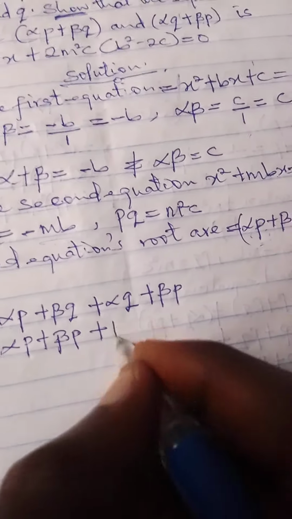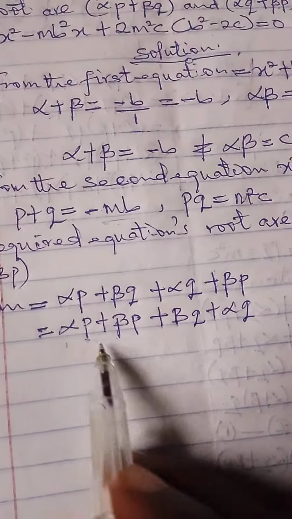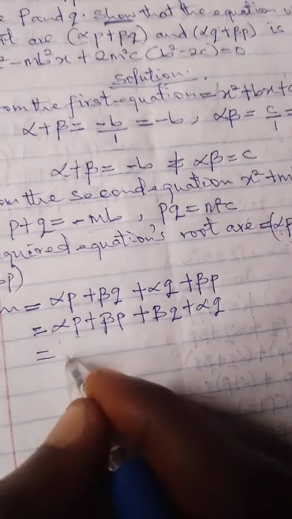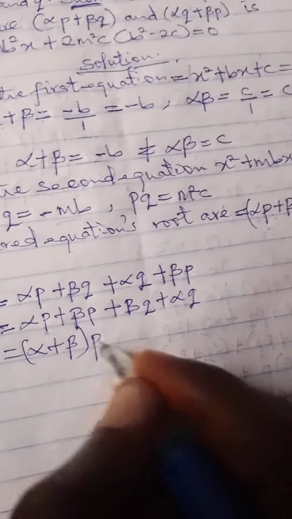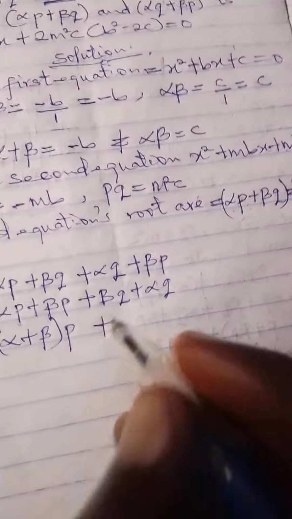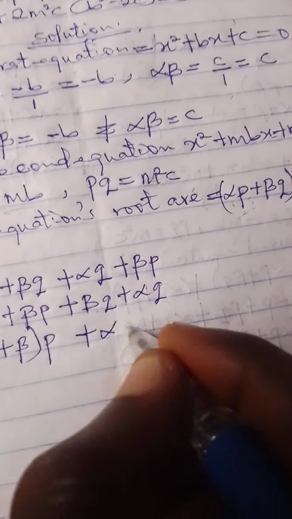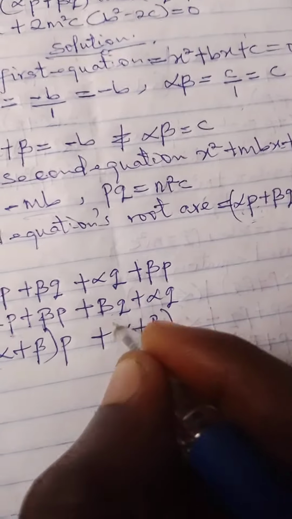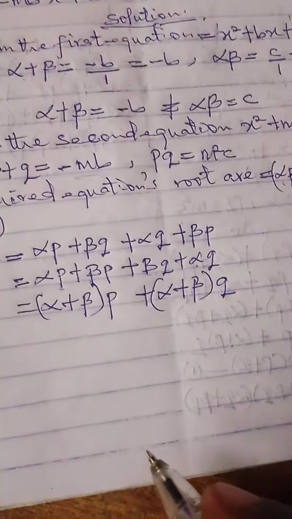plus beta q plus alpha q. Now what is common here? P is common. We can factor out p. So we have alpha plus beta in the bracket, times p. And q is common here. We can factor out q. We can say that alpha plus beta again, because we have alpha and beta here, so in the bracket, q is still the same thing.